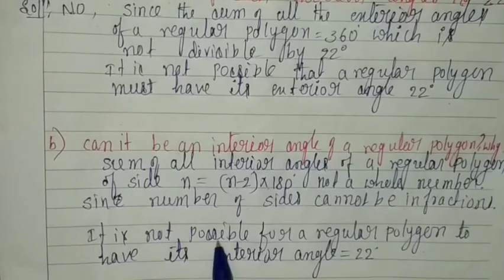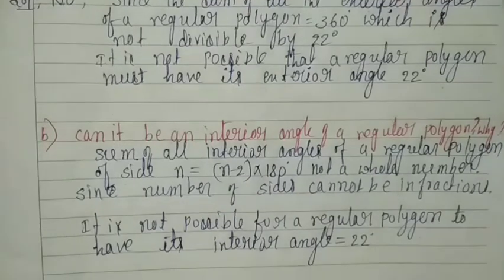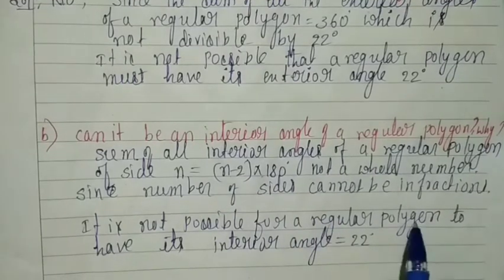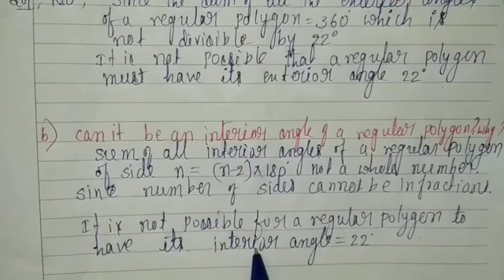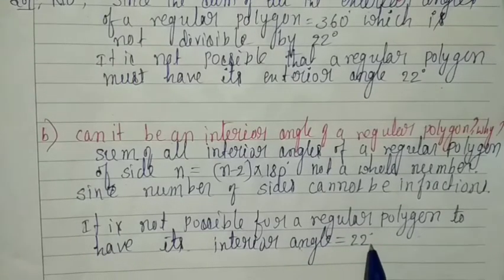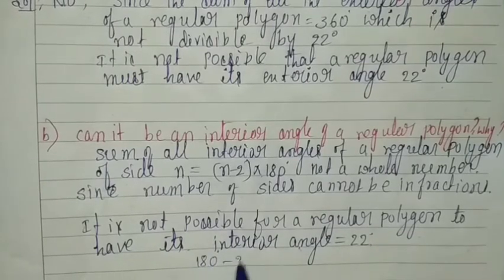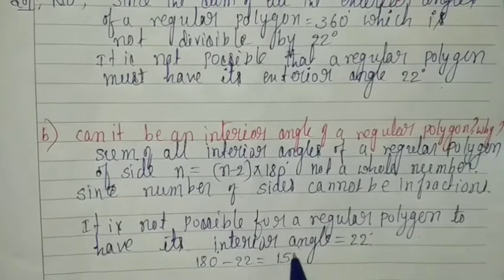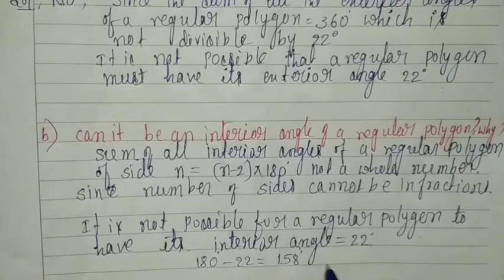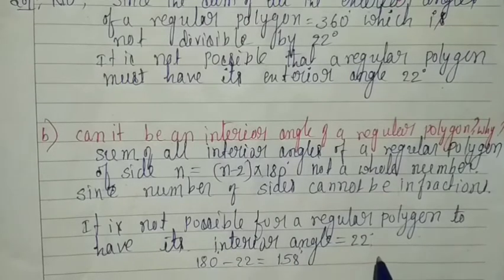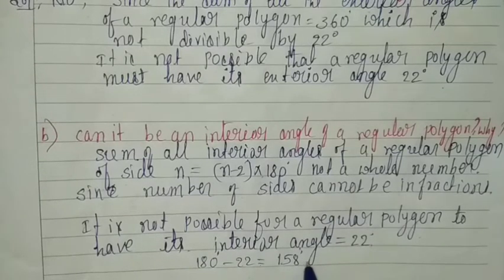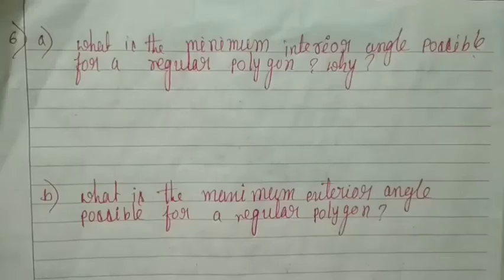So it is not possible for a regular polygon to have its interior angle 22 degree. 180 minus 22 is equal to 158 degree, which is not a divisor of 360 degree.